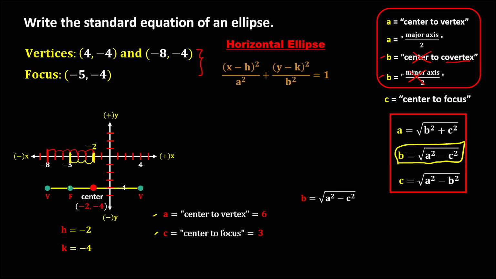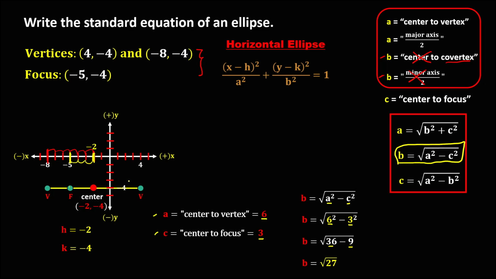So b equals the square root of a squared minus c squared. Then substitute the values. So a is equal to 6. Then c is equal to 3. Then simplify. So 6 squared, that's 36, minus 3 squared, that's 9. Then 36 minus 9, so we have b equals the square root of 27.